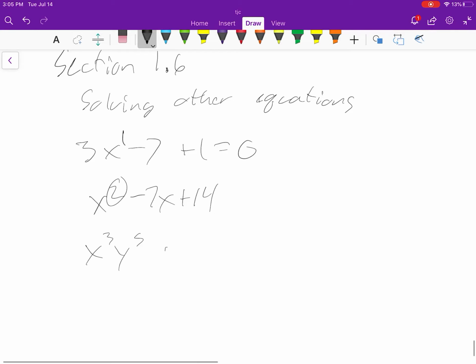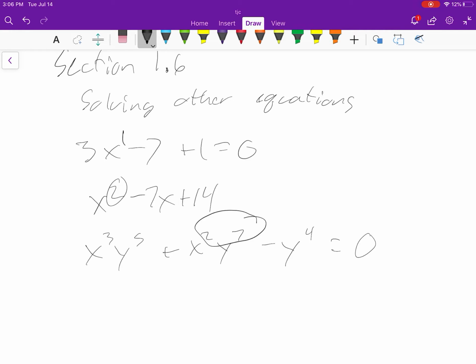If you have a polynomial like this, then the degree is not 7, because 2 plus 7 is 9, so the degree of this polynomial is 9. Okay, you add up the exponents in each term. So that's just understanding the language.